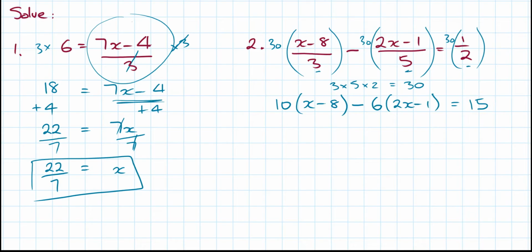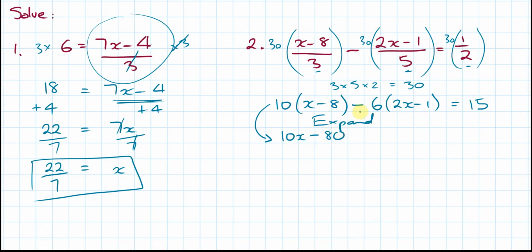So the strategy here when you're faced with equations like this is to find the lowest common multiple between the denominators, 3, 5 and 2, multiply through by that number, and then that'll deal with the fractional part. Now let's go ahead and expand. So we end up with 10x minus 80.